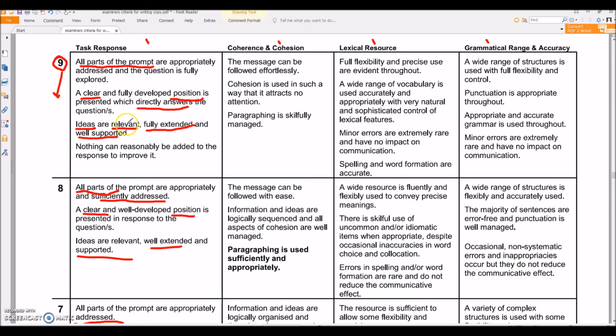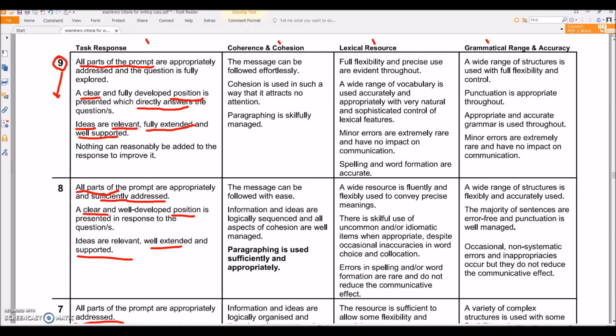So we introduced, extended, explained with a specific example. The second idea was banks should check the finances before issuing cards, etc., etc. So that would score quite highly on task response.